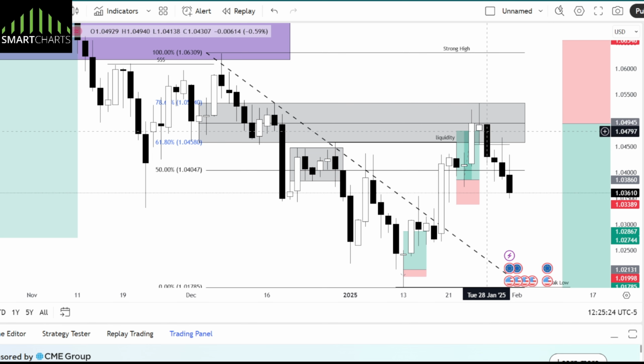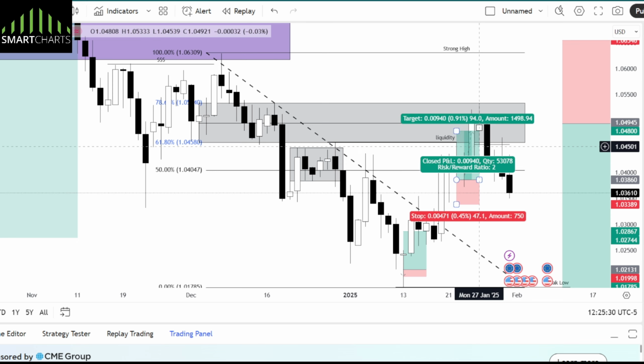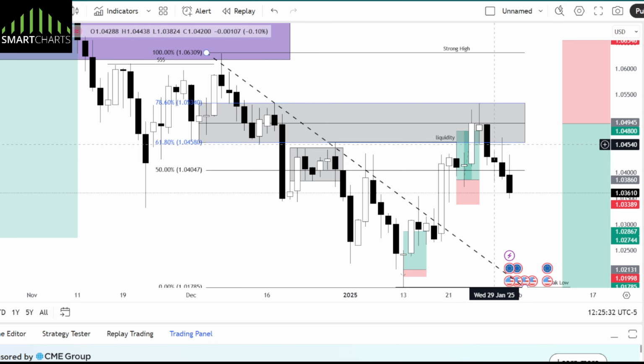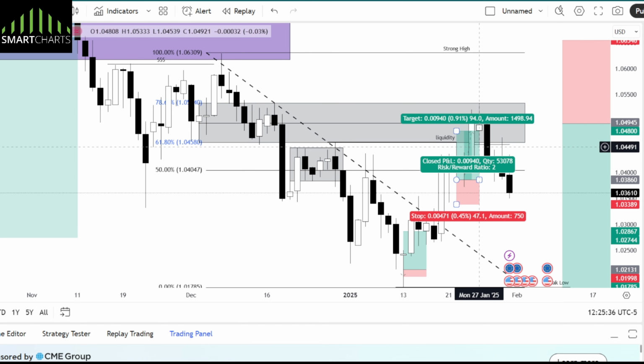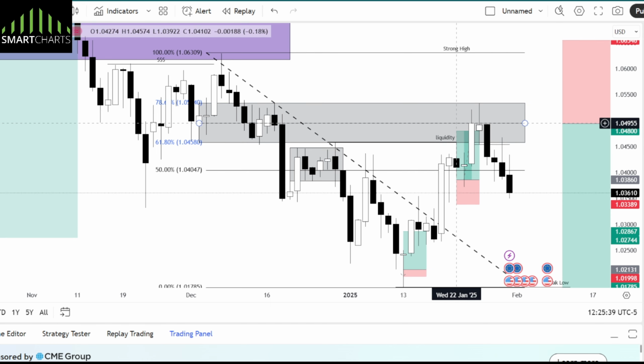Instead, it came and took this low, and we are on a daily time frame. So what does that tell us? The reaction is within our optimal trade entry zone, right?